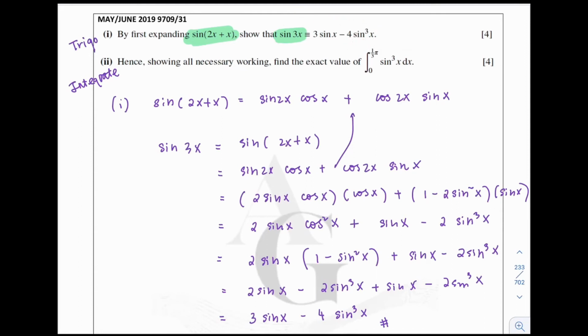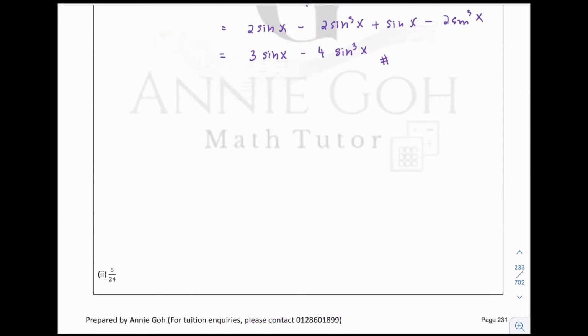So what we need to do is rearrange this equation to make sin cube the subject. Let me jot down the equation from part 1, which is sin 3x equals 3 sin x minus 4 sin cube x. We rearrange to make sin cube the subject.